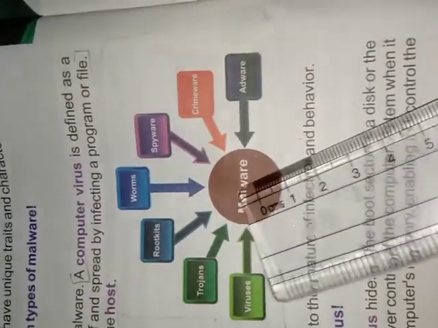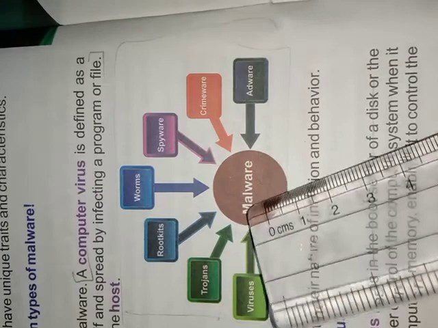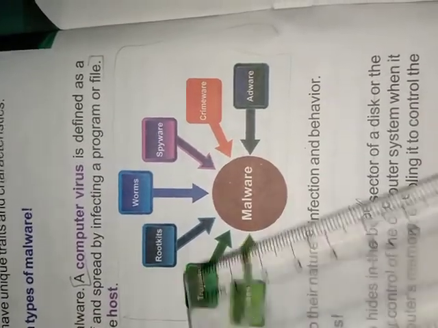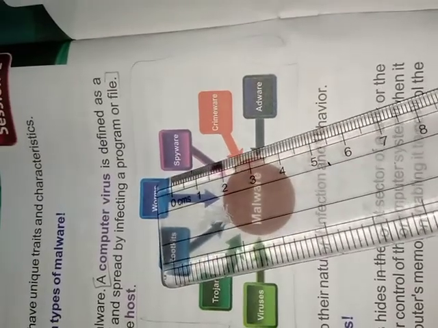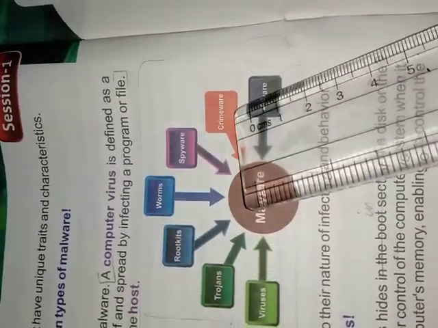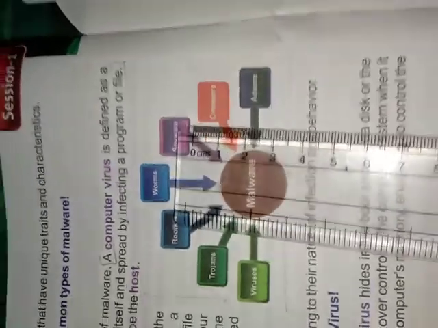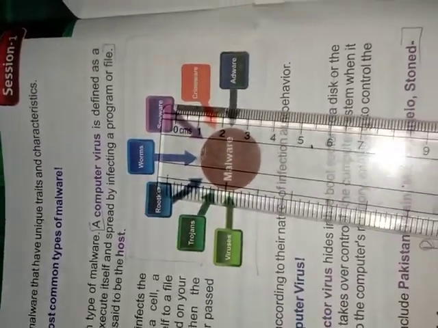So here let us see what all the malwares are: virus, trojans, rootkits, worms, spyware, crimeware, adware. So these are all the malwares that we'll be studying in this chapter. Next, types of virus.